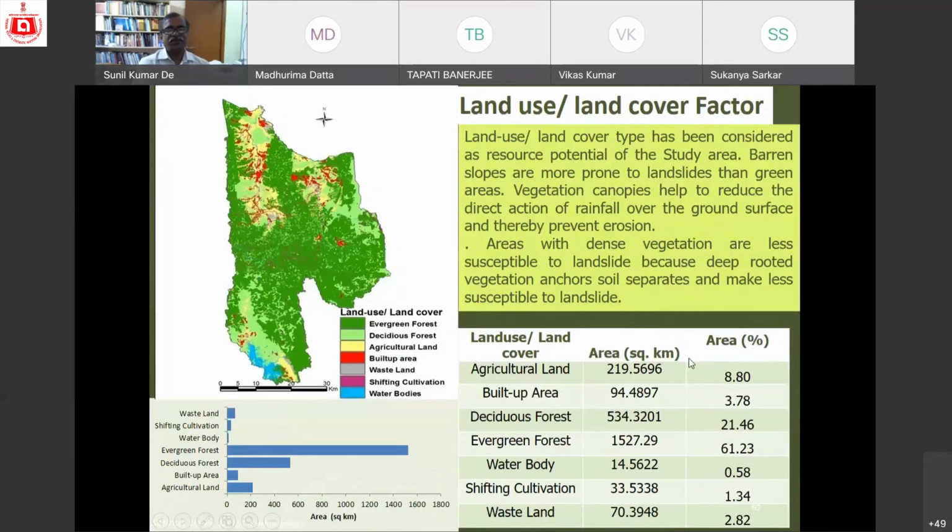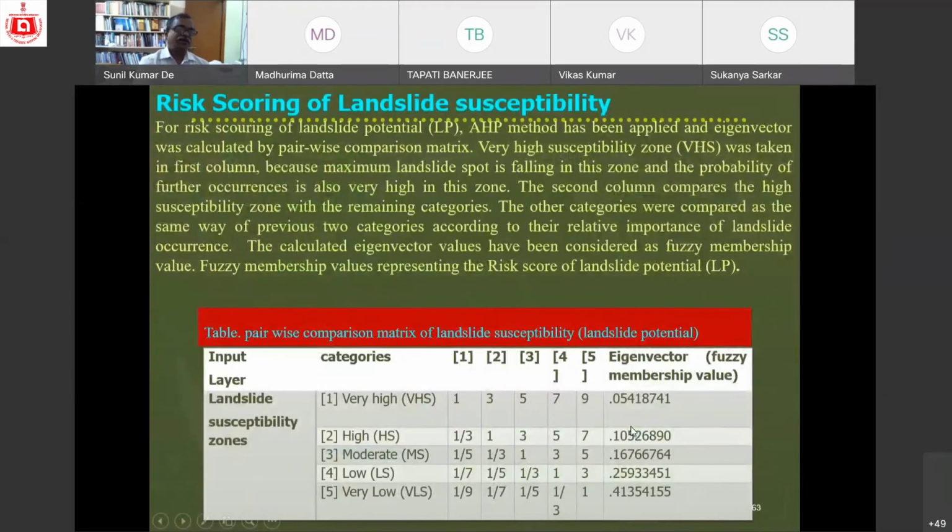So all these types, the area we have calculated, and after that we have assigned these rating values on the basis of aging factors in fuzzy membership. So this is a matrix, very high, moderate. Here it is also like that. One is landslide susceptibility, these landslide susceptibility zones.